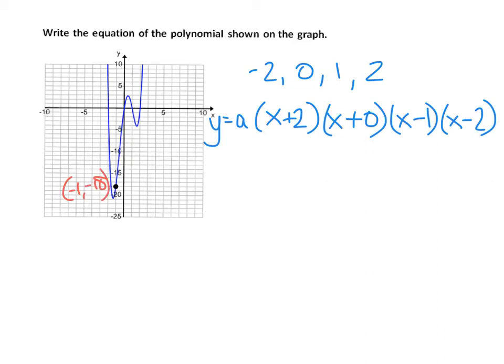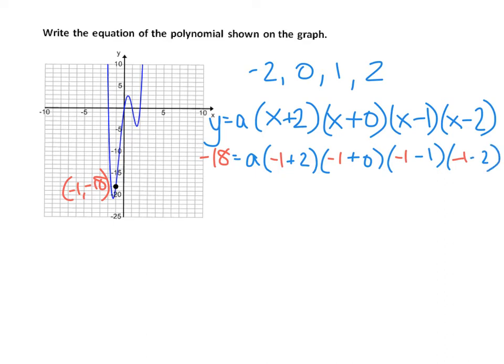So we're going to go ahead and put -18 in for the y here, and I'm going to put a -1 in for my x's. So -18 equals a times -1 plus 2, and then -1 plus 0, and then -1 minus 1, and -1 minus 2.